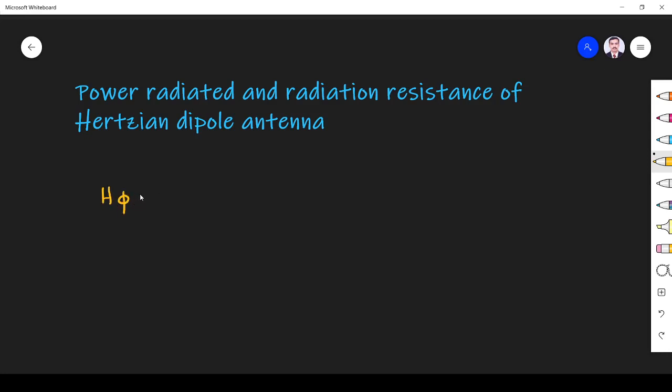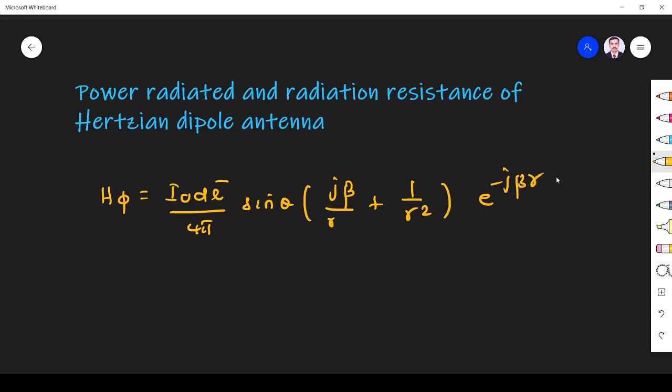H phi is equal to I naught dl divided by 4 pi, sin theta, times j beta by r plus 1 by r squared, e power minus j beta r. This is what we found. For the radiation field, only the 1 by r term is dominant, so we can neglect 1 by r squared.